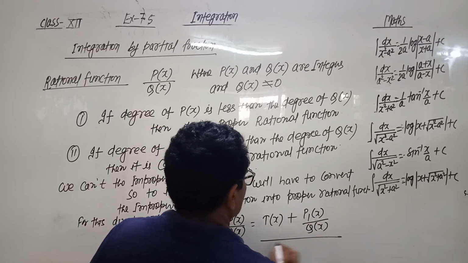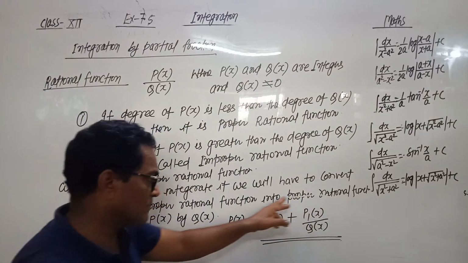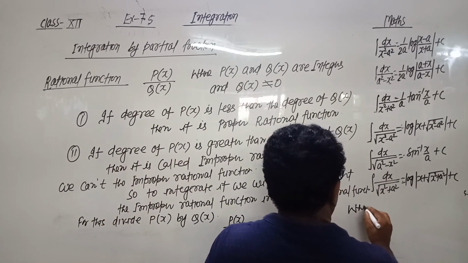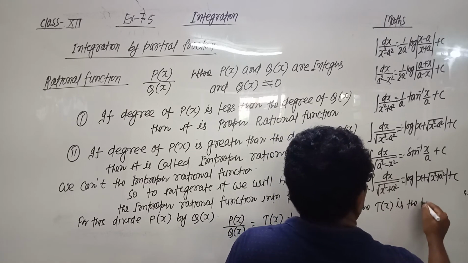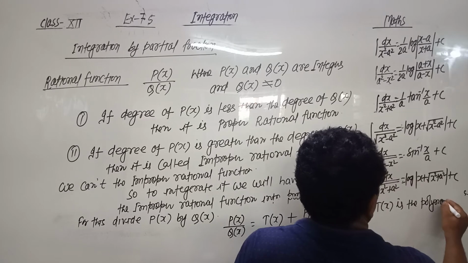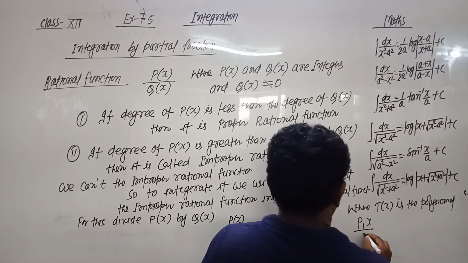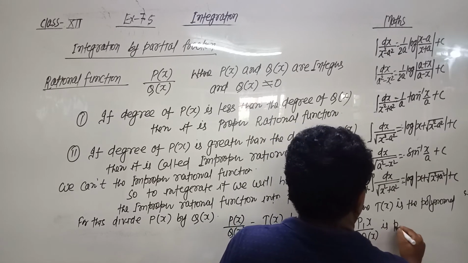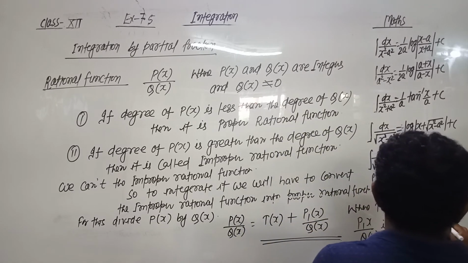This form comes when we divide px by qx, where px is a polynomial and p1x upon qx is called a proper rational function.